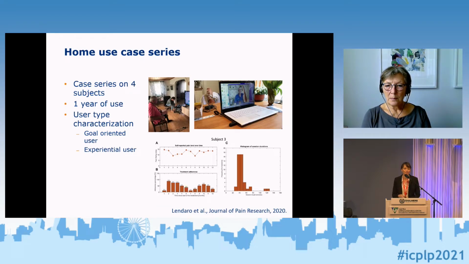And here, during this study, we have also looked at something interesting, I think, which is how the patients and the subjects adopt the technology in their daily life. With the help of a medical anthropologist and a human factor researcher, we have tried to define user types, and we have categorized the participants into these 2 user categories.